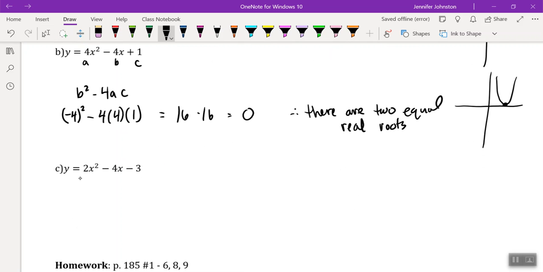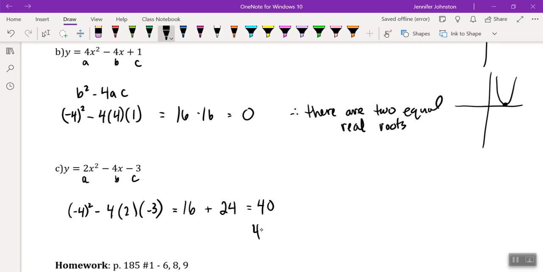And then our last one here, again, we have A, B, C, where b is negative 4 squared subtract 4 times 2 times negative 3. See that we're going to get that positive there, so we should get a big value here. So negative 4 squared is 16, and then we have that double negative, so that will be a positive. 4 times 2 is 8 times 3 is 24, giving us a total of 40.